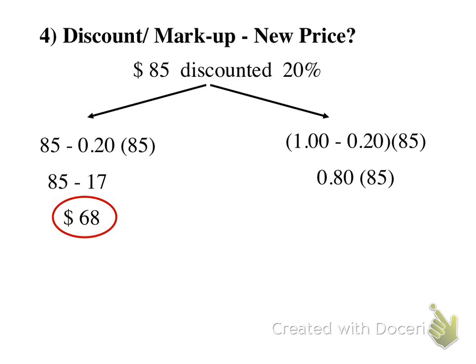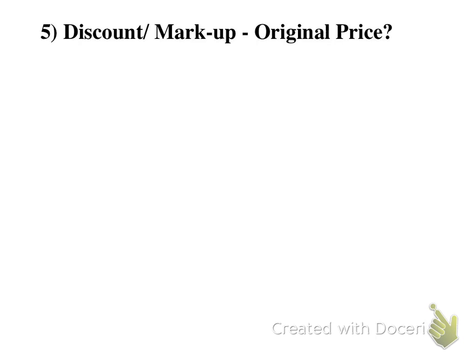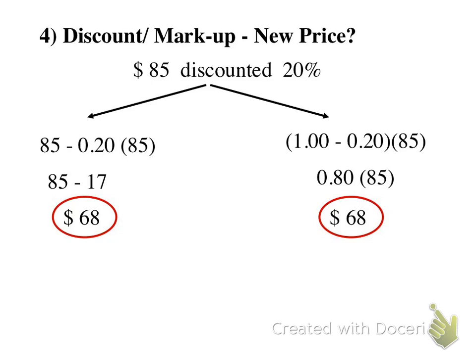How do we figure out the percent we pay? Subtract the discount percent from 100%. So 80% of 85 is $68, and it works out the same way. I personally feel that this way is easier to think about, because I would really just go right to here.